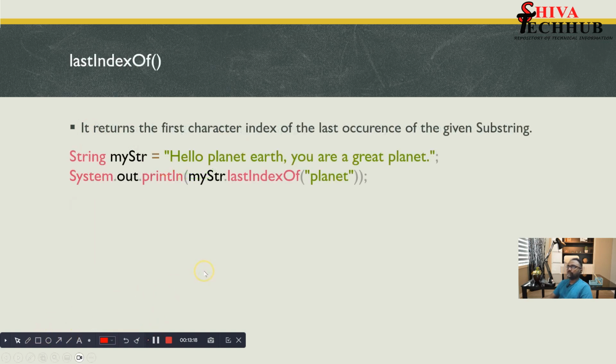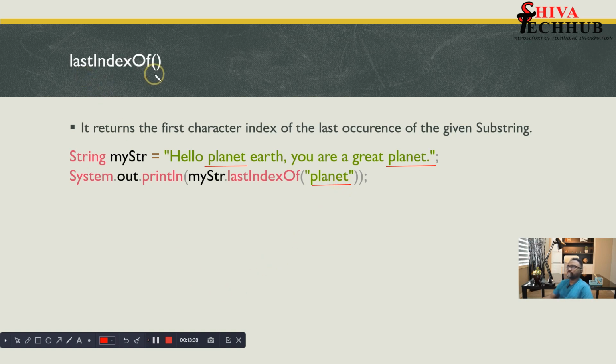Then we will be looking at lastIndexOf. In the earlier slide we looked into indexOf, and this is lastIndexOf. We will consider the same string. The number of occurrences of the given string planet is 2, right?